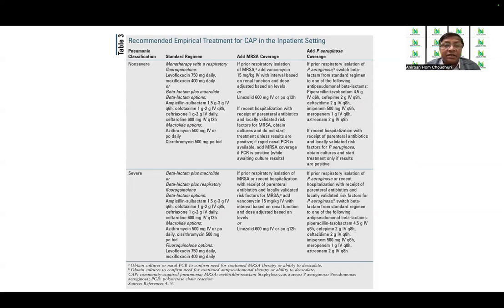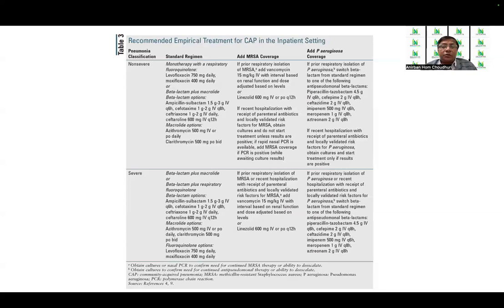But sometimes it is necessary to add MRSA coverage. If prior respiratory isolation of MRSA is there, one can add vancomycin in patients with normal renal function, or use dose adjusted based on kidney function levels, or you can start with linezolid 600 milligram IV 12 hourly.